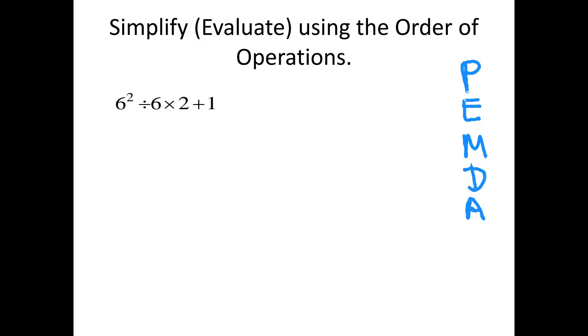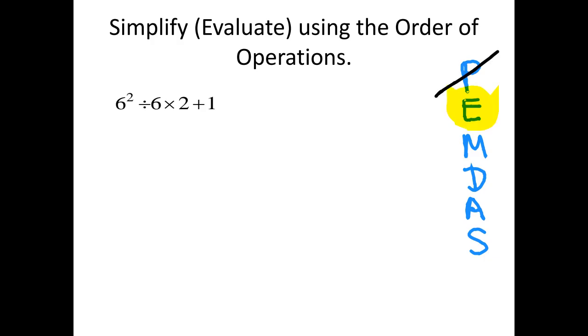Now, using this, what we call acronym, I go through starting with the capital P and look and see, do I have any parentheses? Well, sure enough, there's no parentheses, so I'm going to cross that out. Now, exponents. Okay. My exponent is right here.